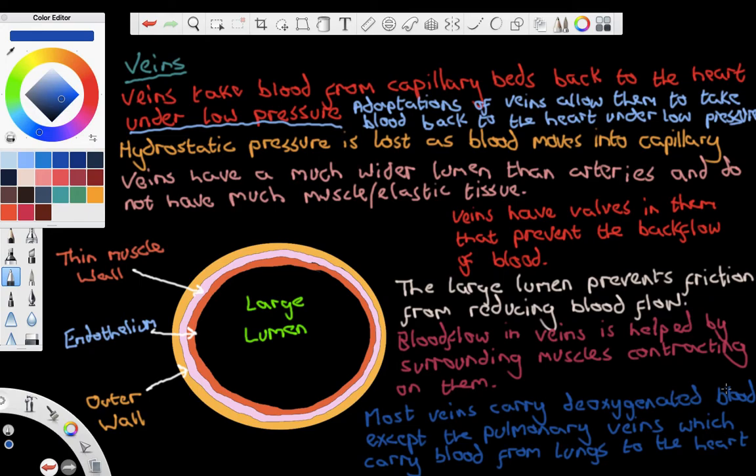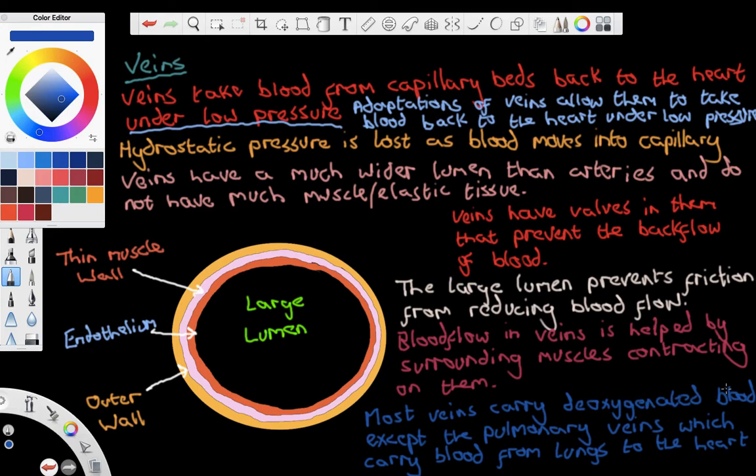Veins have a much wider lumen than arteries and do not have much muscle or elastic tissue. The veins have valves in them that prevent the backflow of blood. The large lumen prevents friction from reducing blood flow, and the blood flow in veins is helped by surrounding muscles contracting on them. Most veins carry deoxygenated blood, except the pulmonary veins, which carry blood from the lungs to the heart.